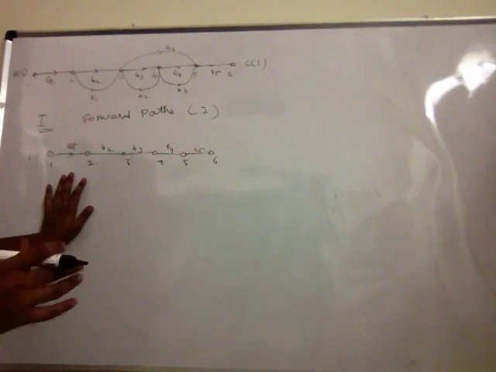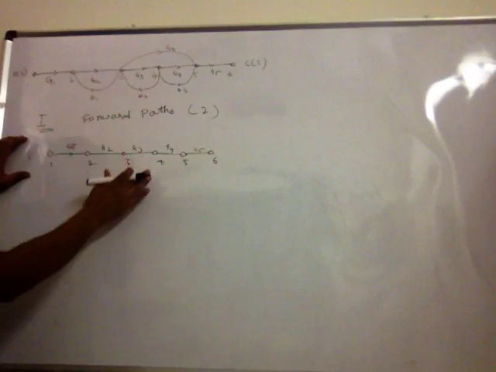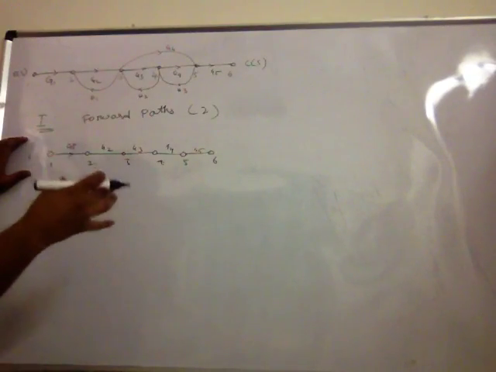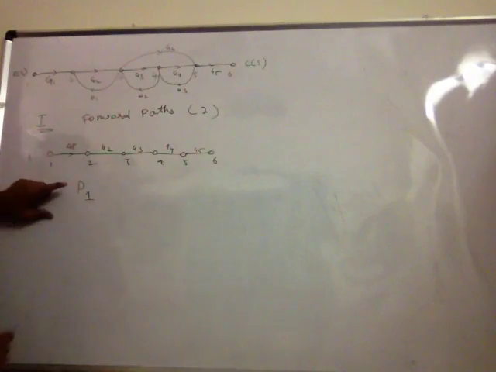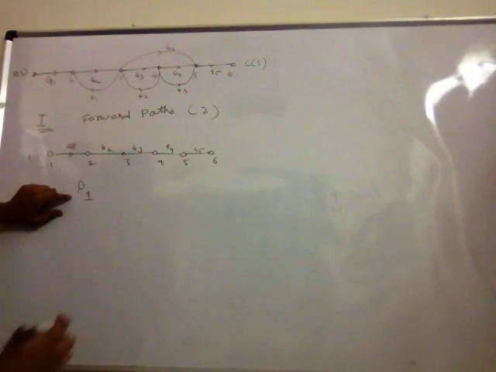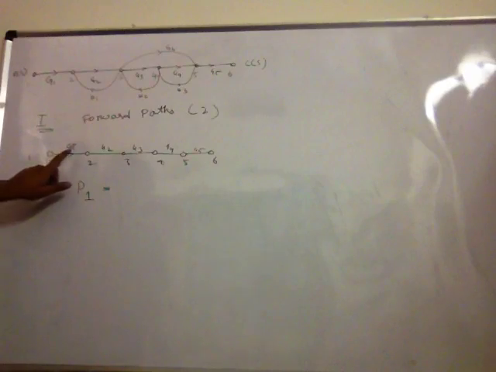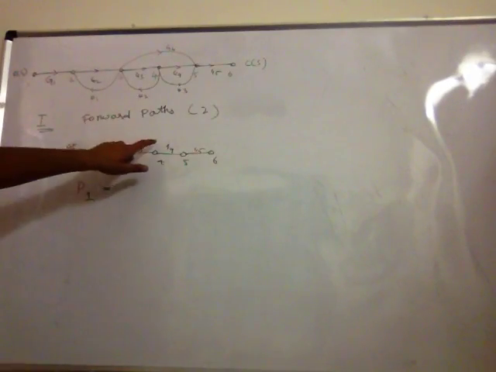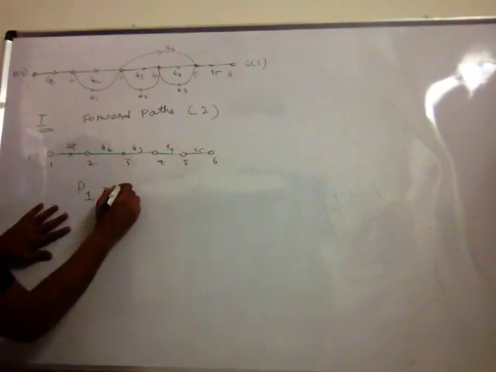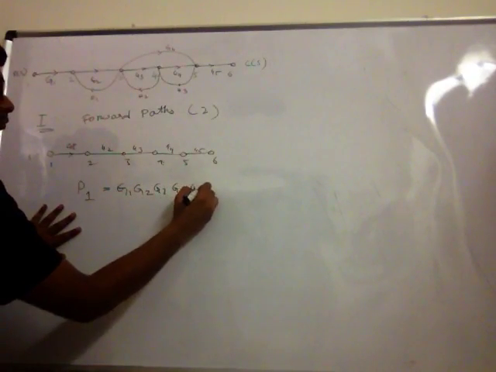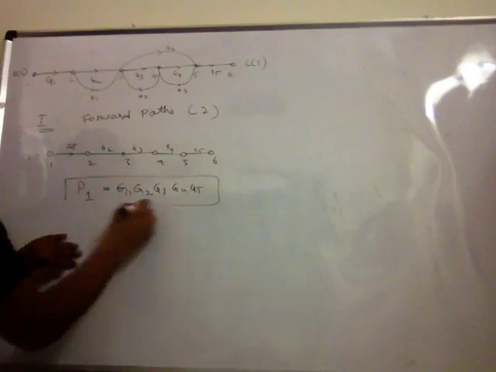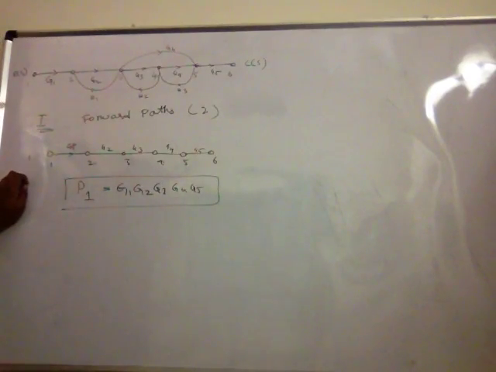I'm finding it in order to find the gain of the first forward path, P1, and P1 is equal to G1, G2, G3, G4 and G5. This is the gain of the first forward path.